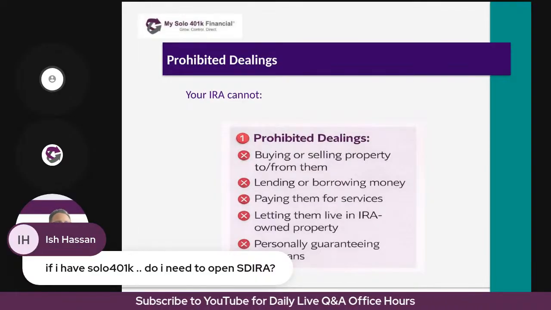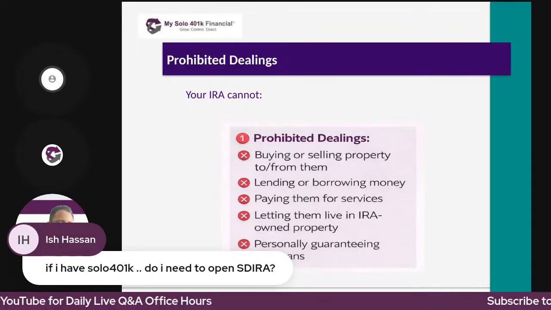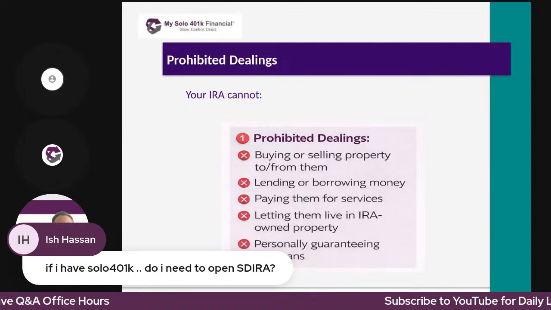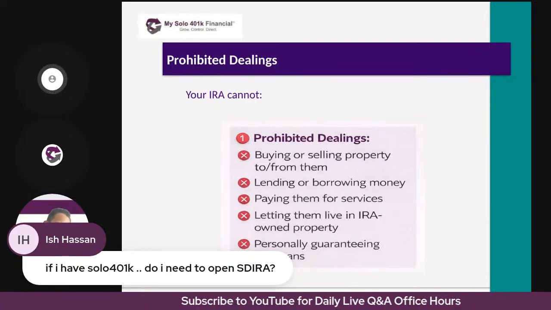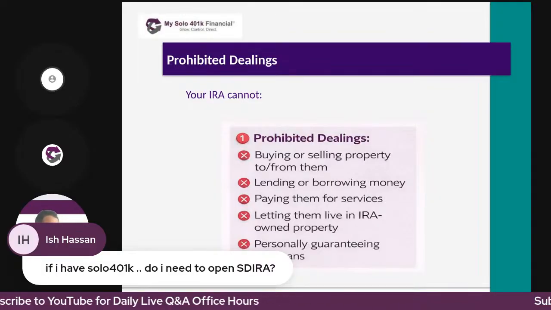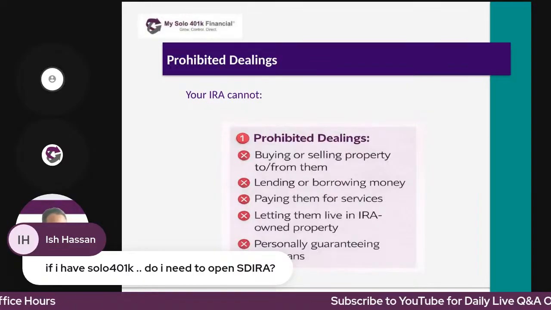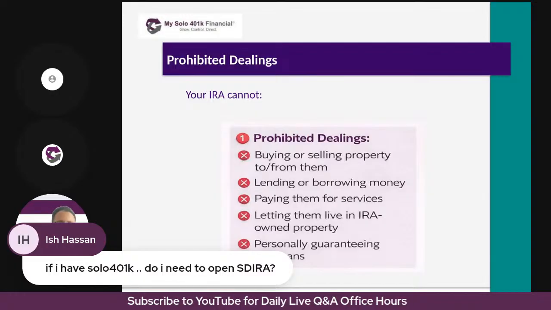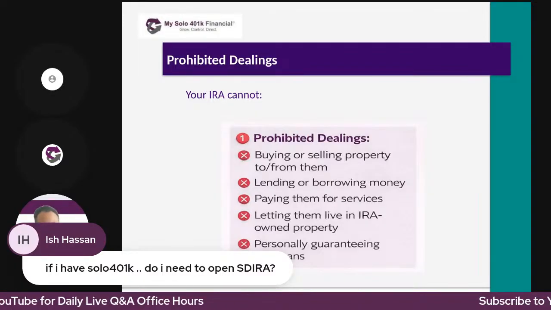You cannot have a self-directed IRA process a promissory note to you or a disqualified party as described above. That's different with the solo 401k plan. With the solo 401k plan, you can actually borrow from the solo 401k plan through a participant loan, where you can borrow 50% of your solo 401k balance, not to exceed $50,000. So that's one of the big differences between a solo 401k and an IRA, is the ability to borrow from a solo 401k.